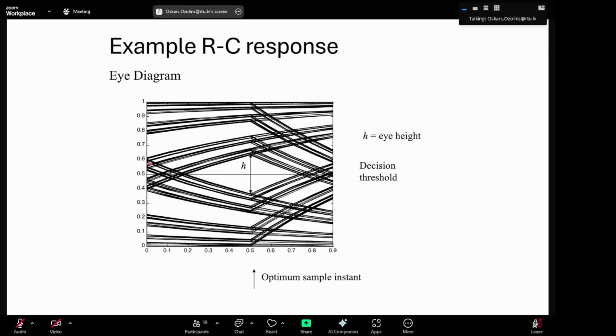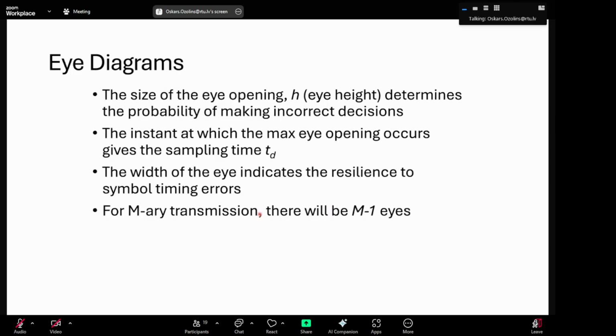So you could have a double trace here as well, which indicates quite significant bandwidth limitation in the system. Right, and this would be the optimum sampling instant where you need to sample the signal. And this is just an example of RC response. It's not a particular communication system. Right.